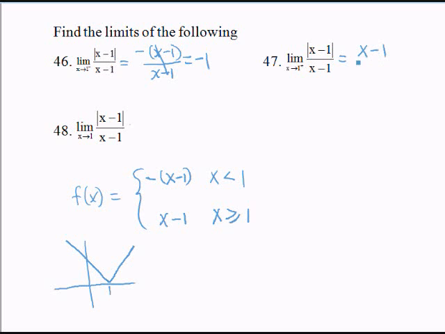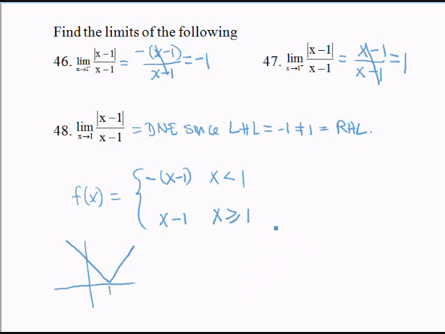So I'm rewriting the limit as x minus 1 over x minus 1. Those two cancel, and I'm left with 1. Looking at the limit as x approaches 1, since the left-hand side is different than the right-hand side, this limit doesn't exist. That's since the left and right-hand limits do not agree. It's negative 1 on the left, which is not equal to 1, the right-hand limit.